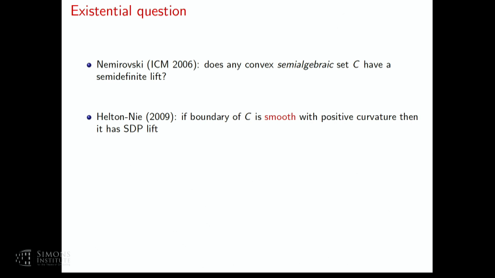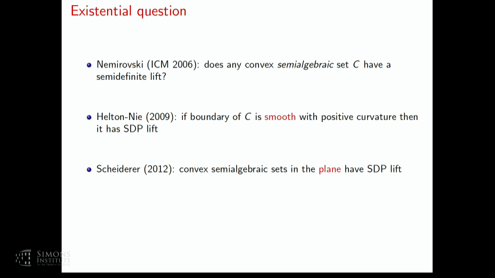Nevertheless, they actually conjectured at the end of the paper that any convex semi-algebraic set has a semi-definite representation. And then algebraic geometers jumped into this problem. In particular, Klaus Scheiderer, who is at the University of Konstanz, showed that the conjecture is true in the plane.